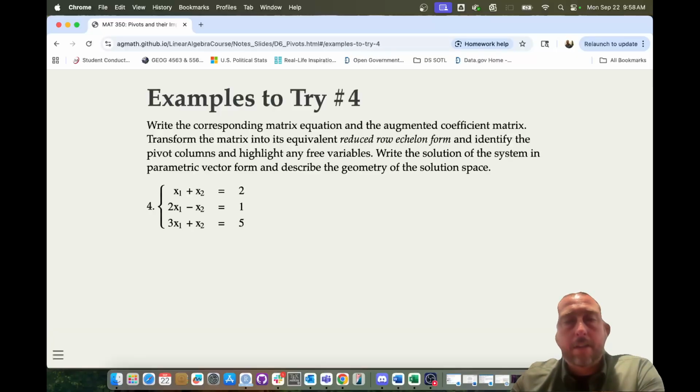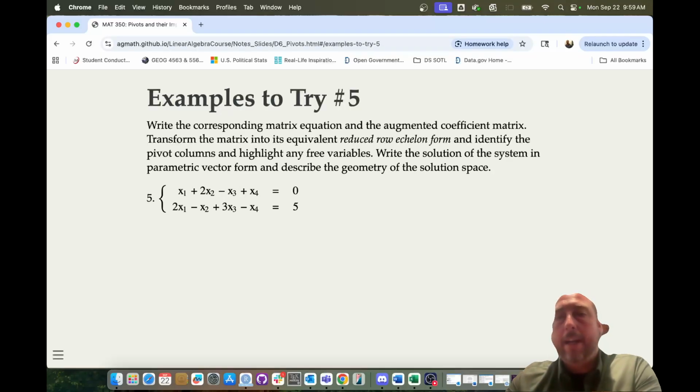Here you've got a system of 3 equations and 2 variables, 2 equations and 4 variables. And so I hope you'll try at least some of those. It's great to get practice with the row reduction procedure, reading solutions off of a reduced row echelon form matrix, and to get more practice with writing solutions in their parametric vector form.